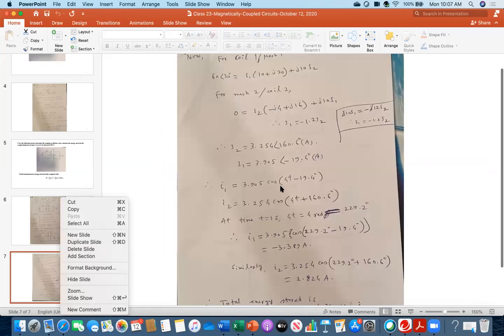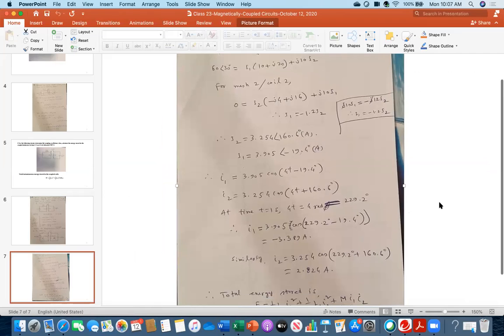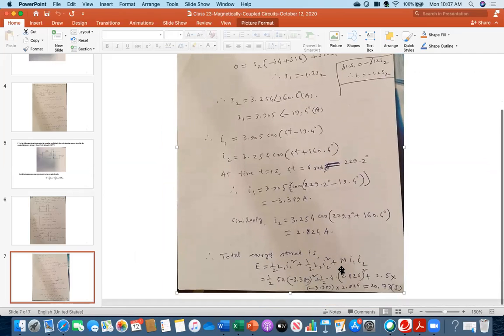So accordingly, at the bottom you see I have plus sign. So the energy is half L1 I1 squared plus half L2 I2 squared plus M I1 I2. So finally I got 20.73 joule.